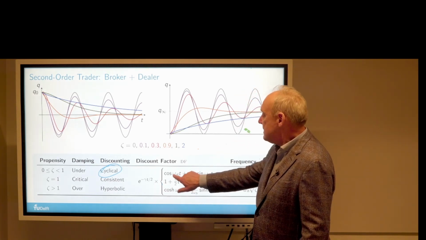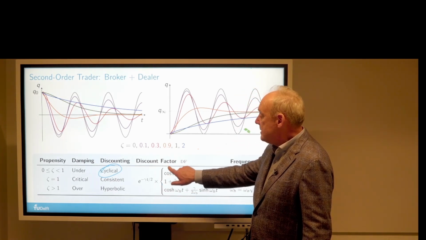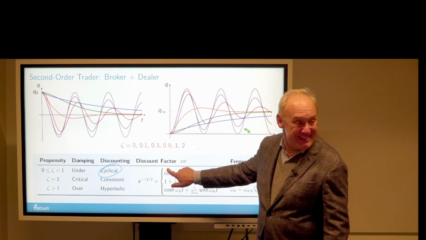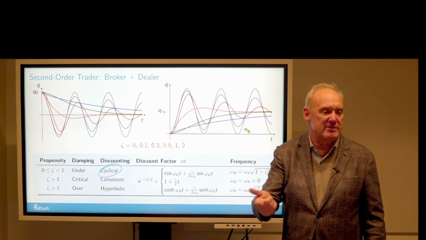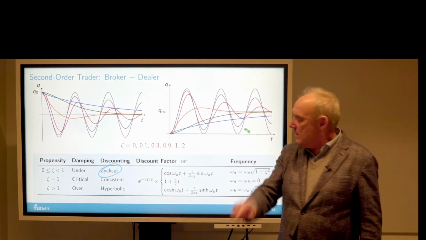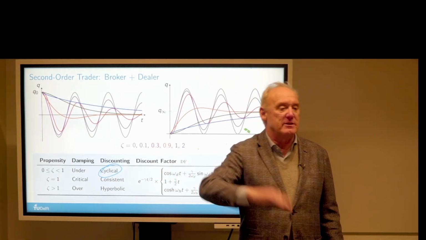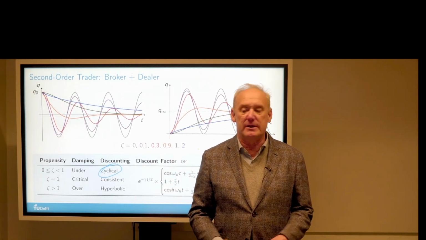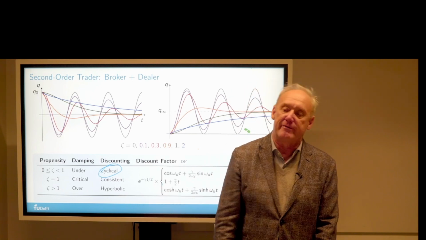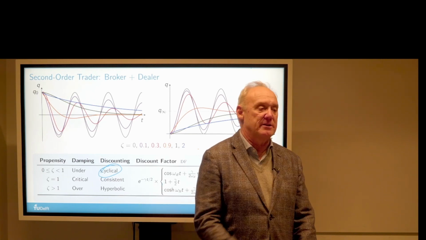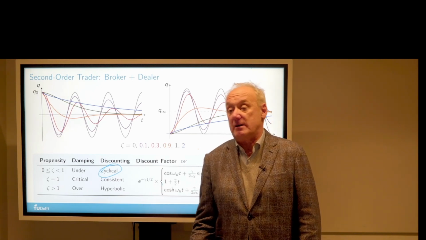See, this function here goes negative and positive, so this guy is going to switch all the time between buying and selling. So the total discount rate is going to be going between positive and negative, of course, because if he's overstocked, he's got to get rid of it, and he discounts it away. And if he's understocked, he's got to get it.